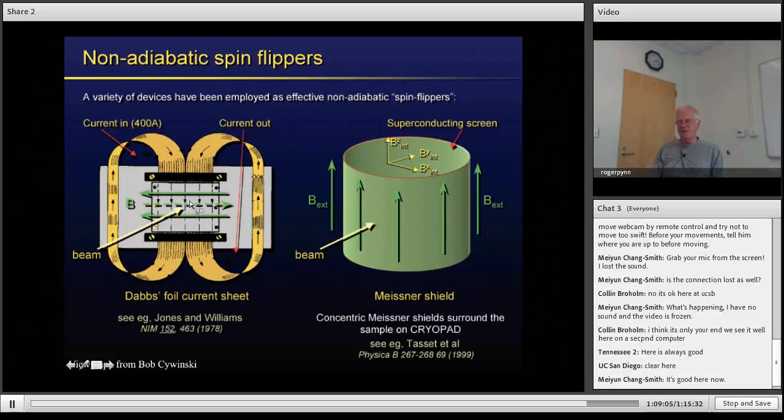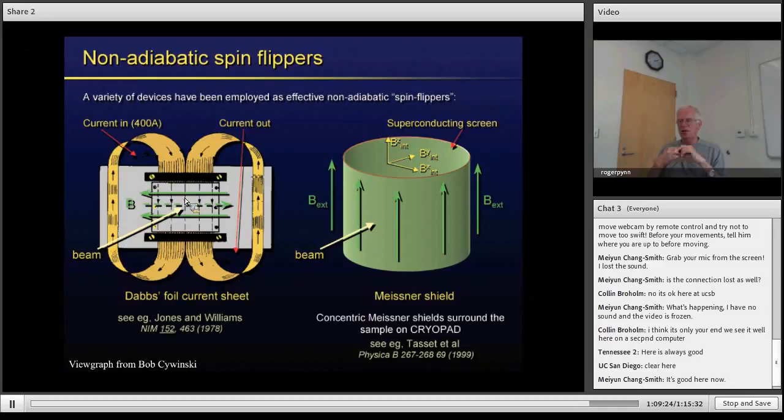In that case, the magnetic field on one side of the wires, let's say the side nearest us, out of the plane of the screen, is in one direction, and the field on the other side of this screen is in the opposite direction.